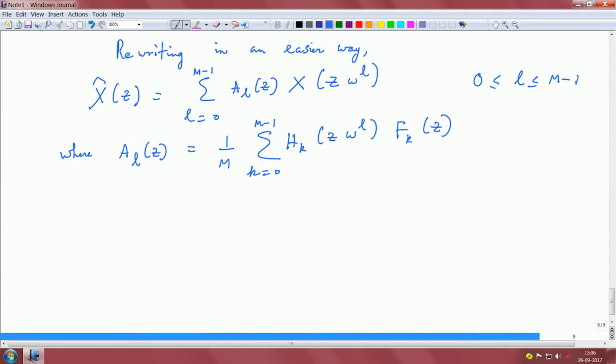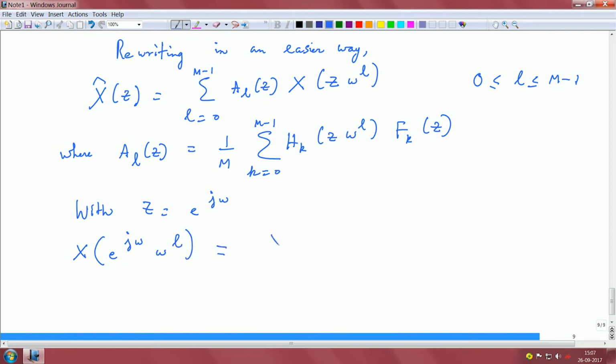Okay. Now, with z equals e power j omega, x of e power j omega times, we take this omega power L, and that is for all L from 0 to m minus 1.